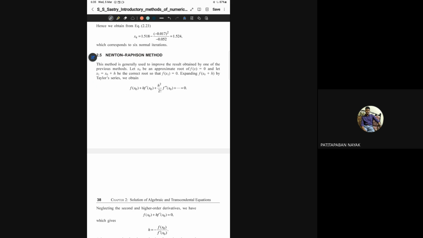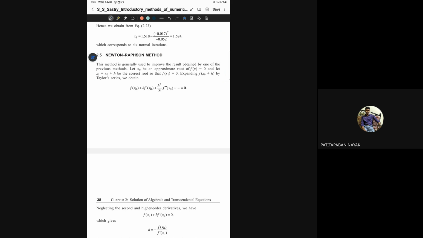As you can see in the example we did, we had to go up to x10 or x11 to get the answer, whereas in Newton-Raphson it may get the answer in the third or fourth step. So getting the solution is faster in the Newton-Raphson method.